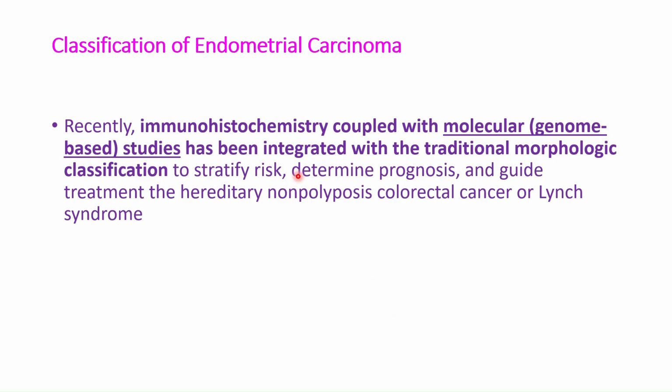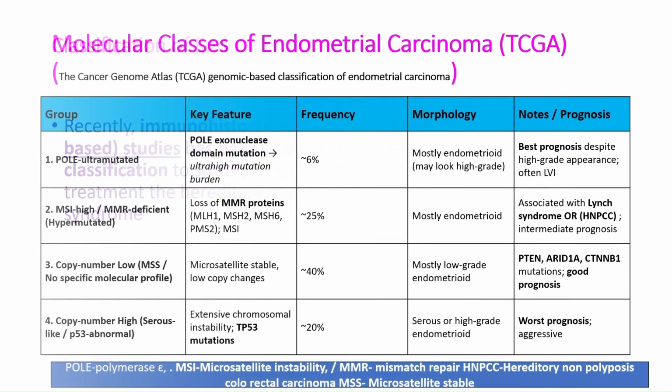Recently, IHC coupled with molecular-based studies has been integrated with this traditional morphological classification to stratify risk, determine prognosis and guide treatment, as in hereditary non-polyposis colorectal carcinoma or Lynch syndrome. If we see the molecular classification, it is the TCGA genomic-based classification of endometrial carcinoma, where there are 4 groups.